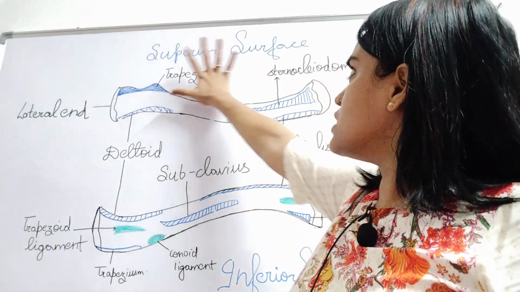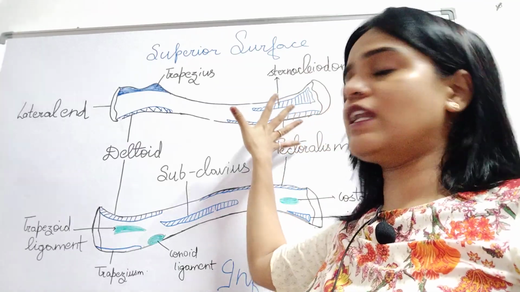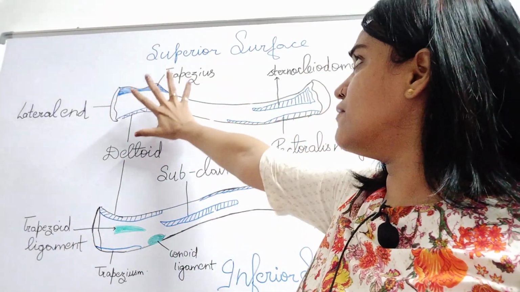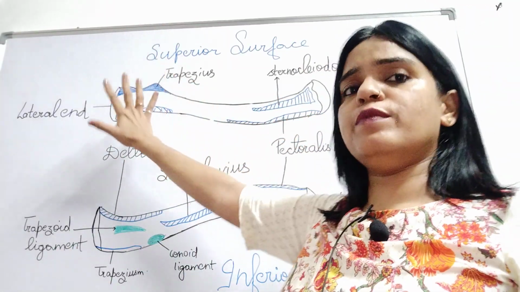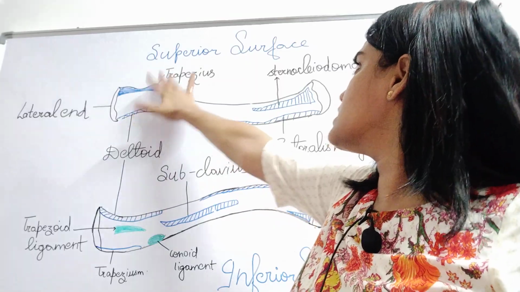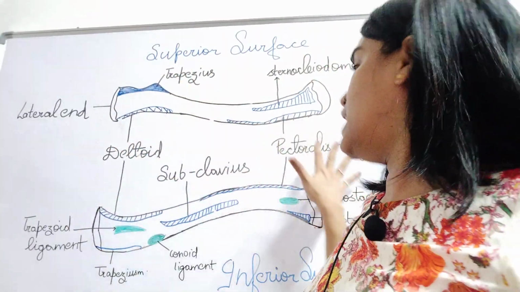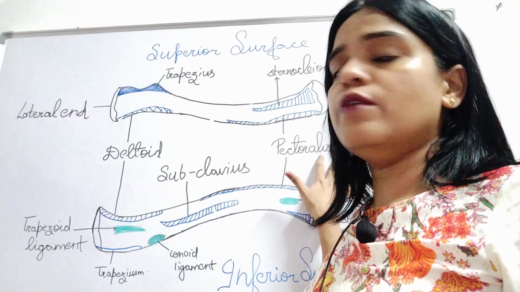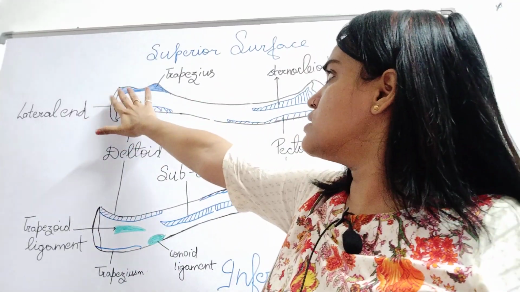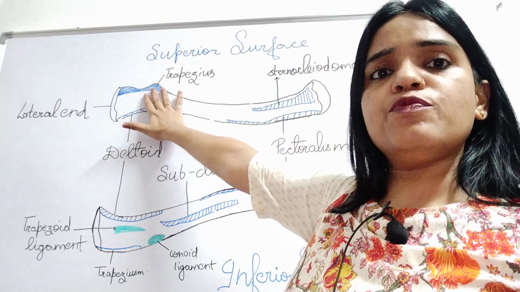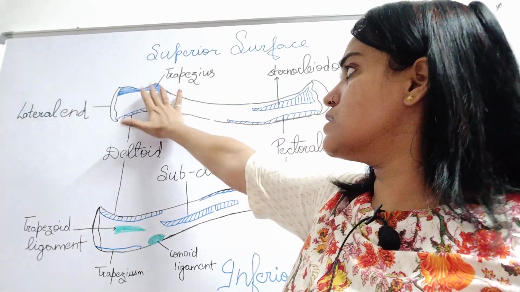Okay, so if we see the superior surface of the clavicle, we can mainly find the muscle attachments of trapezius, sternocleidomastoid, deltoid and pectoralis major. Okay, so this is the attachment of the trapezius muscle.